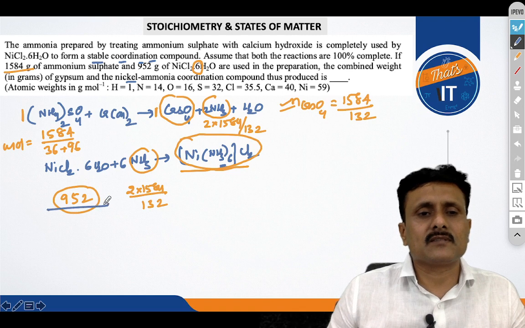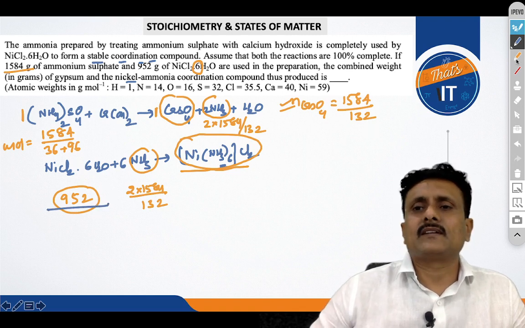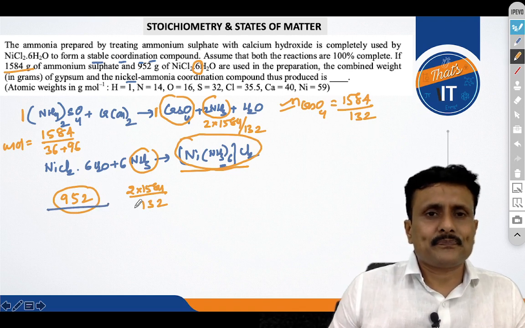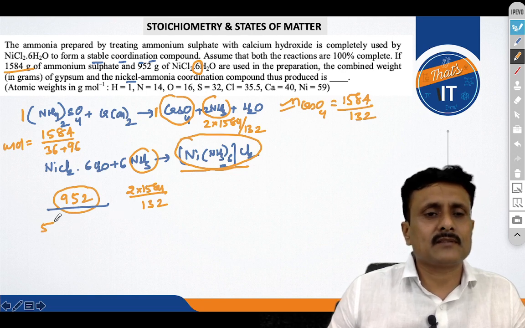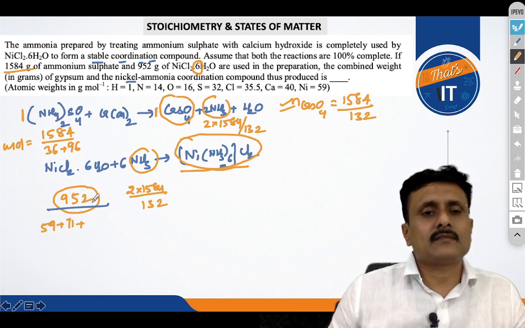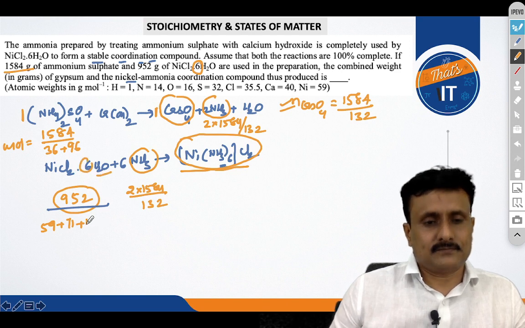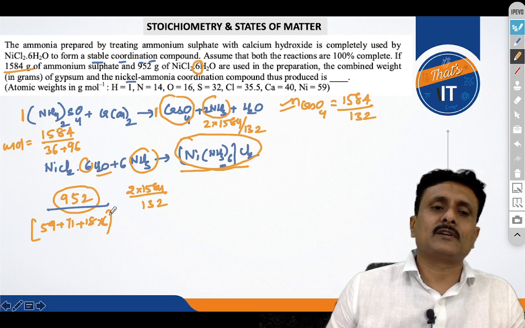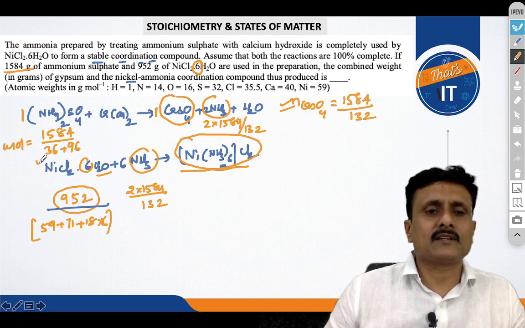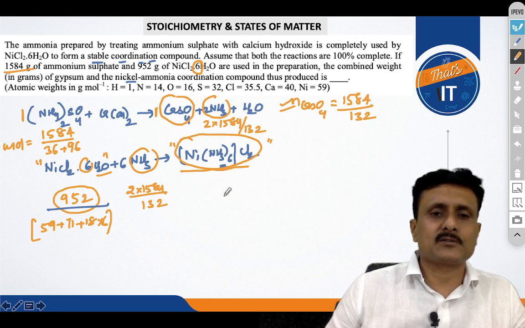952 grams divided by the molecular weight of nickel chloride we need to get. You can see nickel is 59 plus 71 plus 6 into 18. So this is the molecular weight of the substance, and these are the number of moles of nickel chloride. From nickel chloride, you have to check how much of the substance is produced. 1:1 is the ratio.